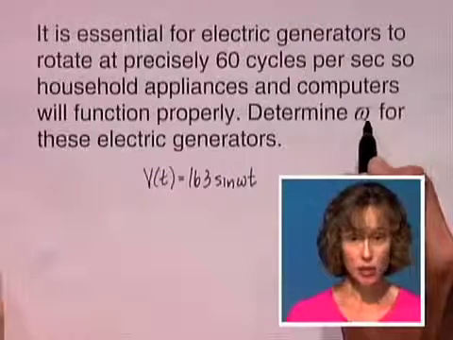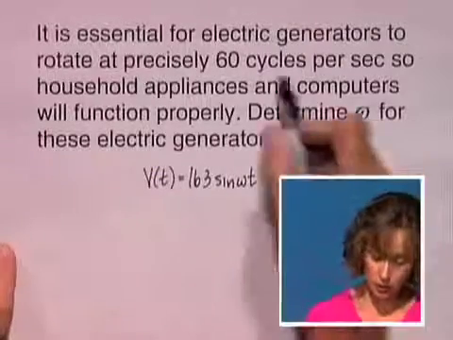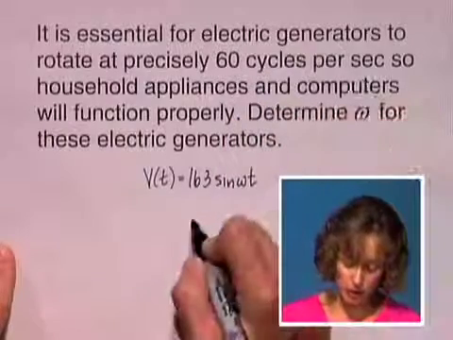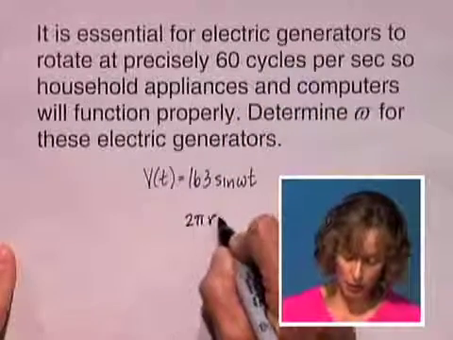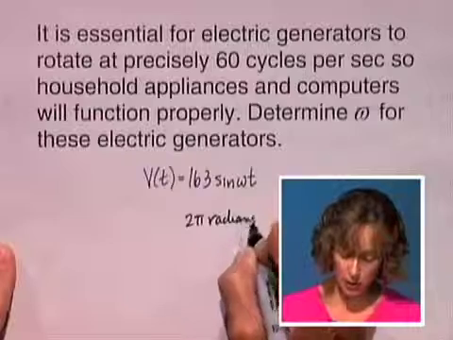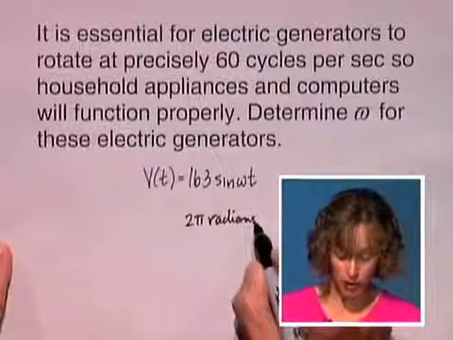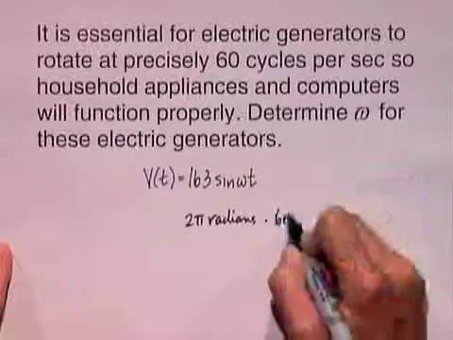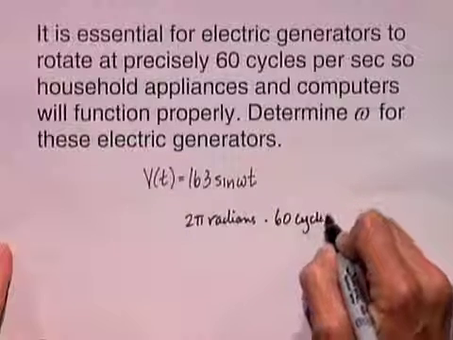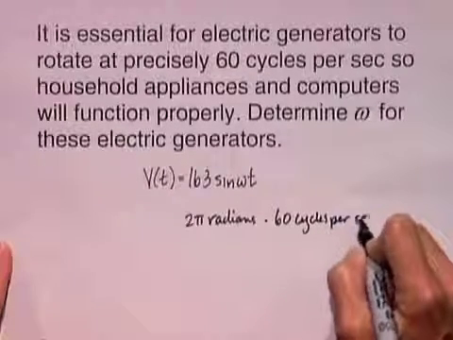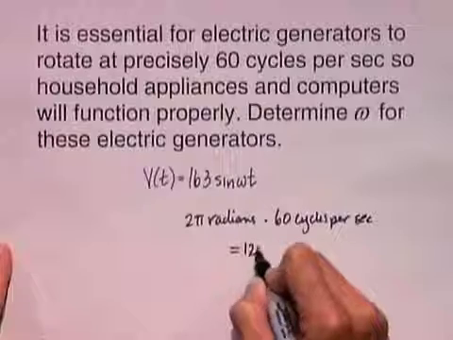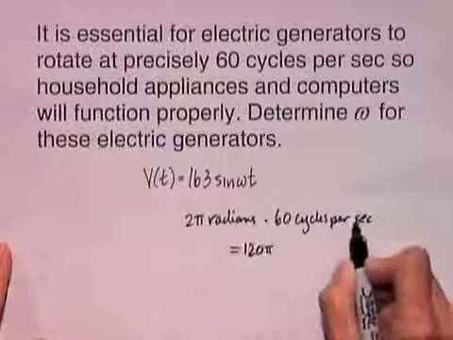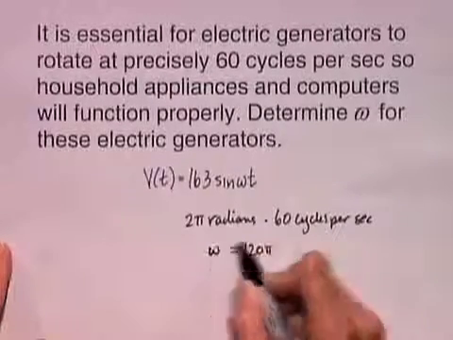Omega is to be measured in radians per second, so for 60 cycles per second, if 2 pi radians are available for each cycle, we multiply that times 60 cycles per second to end up with 120 pi radians per second as omega.